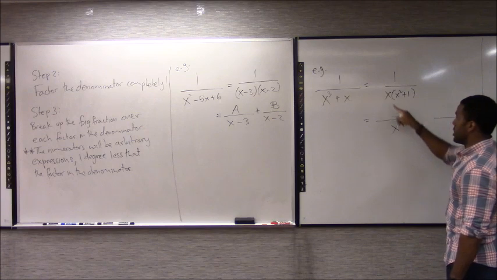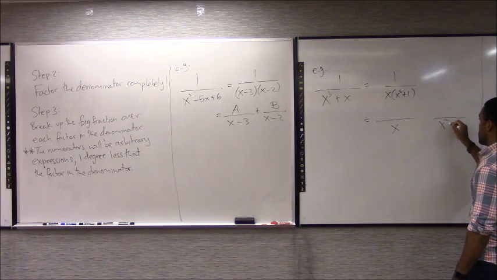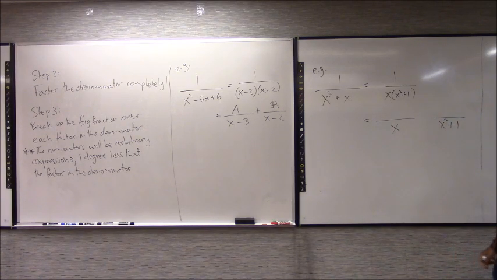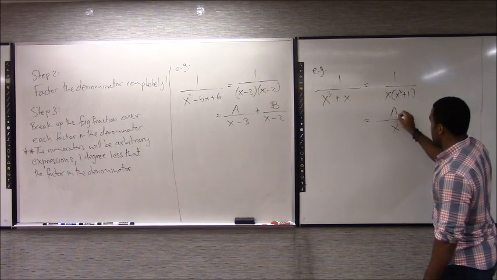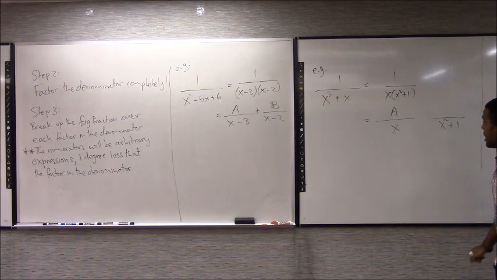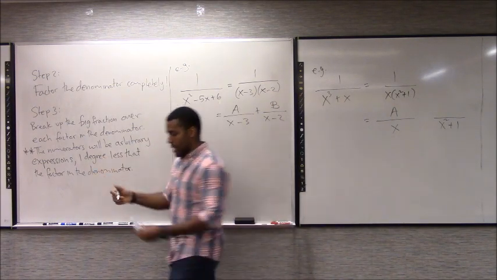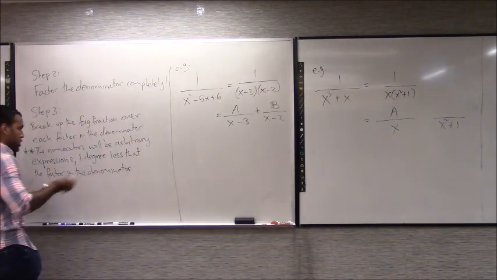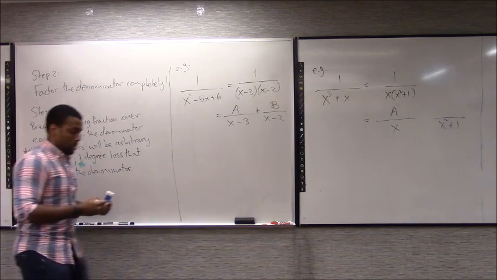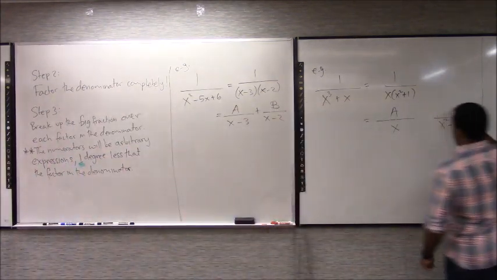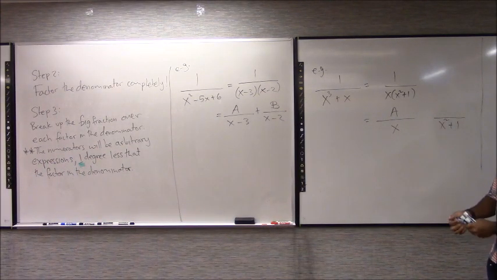One piece will have denominator x, the other piece will have the denominator x squared plus 1. Now over the x we would just put A. I don't know what that number is. Now, because the numerator must be specifically 1 degree less, what should the numerator of this one look like?